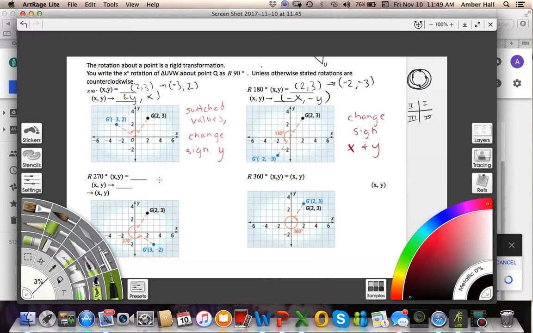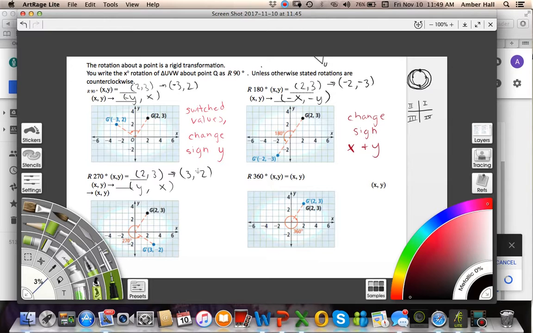Next, we're going to do 270 degrees. We start at 2, 3, and when we rotate around 270 degrees, we end up at 3, negative 2. So what happened to my x's and y's? How were they manipulated? Started at 2, 3, now I'm at 3, 2. So it looks like our values were switched. So we now have y, x.